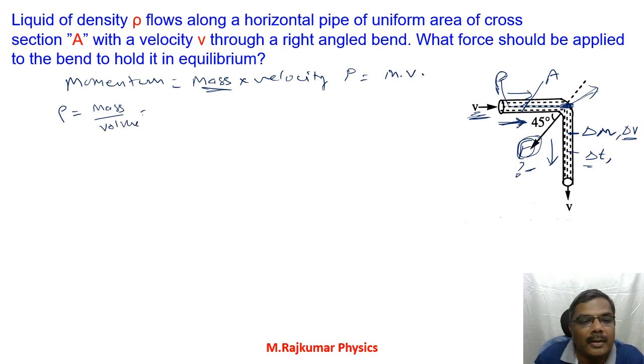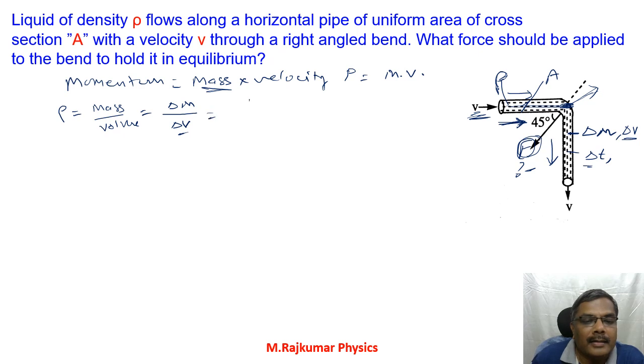Mass by volume. So I'm taking it as delta m by delta V, capital V. So from here to here, some volume of liquid is flowing.